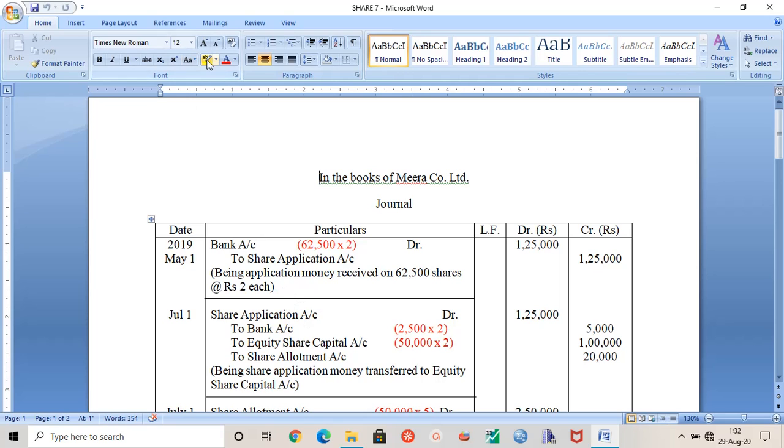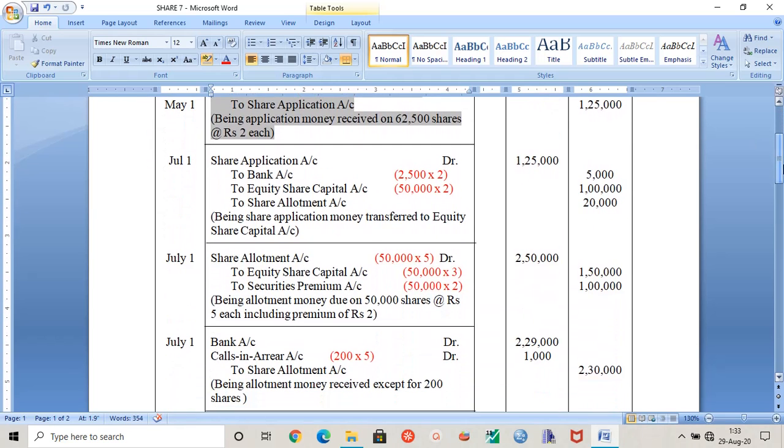After that, the second entry is the main thing, which is your pro rata basis. You see here, this question number 7 is the pro rata basis question.